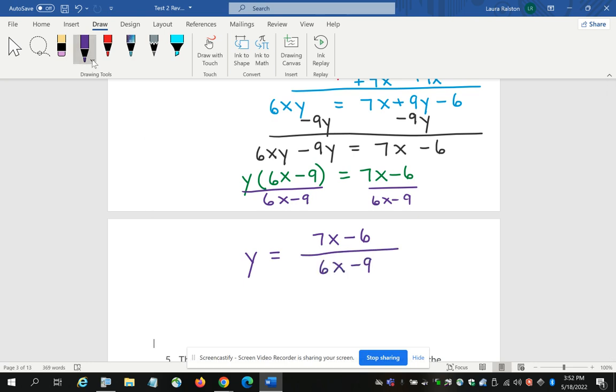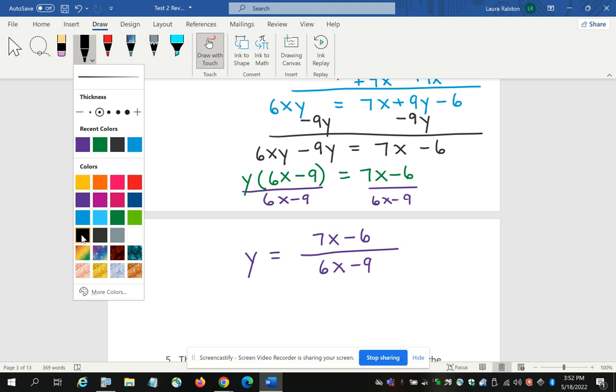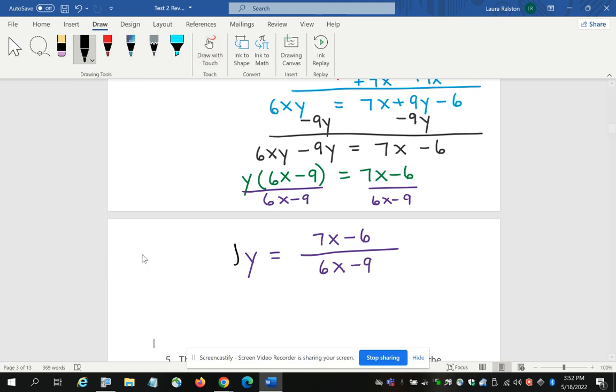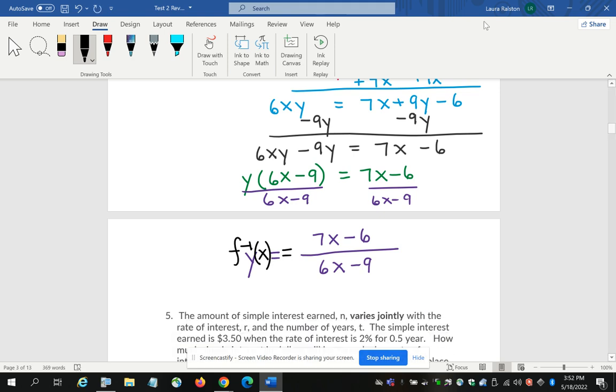And at that point, what we have found is f inverse. Again, there's a lot more math involved there, so just be careful. Take it one step at a time and walk it through.